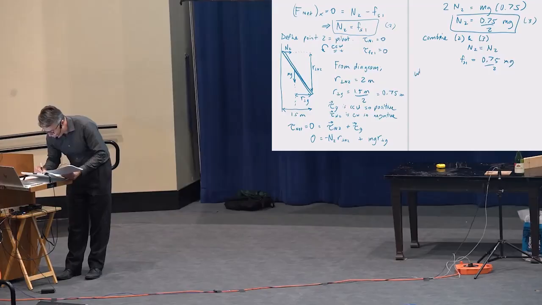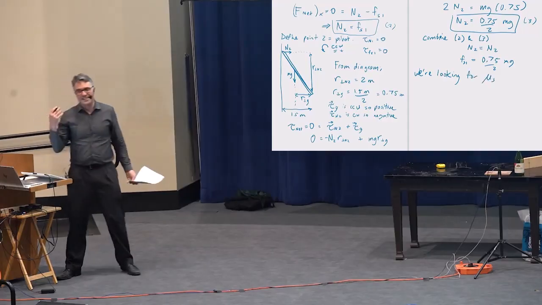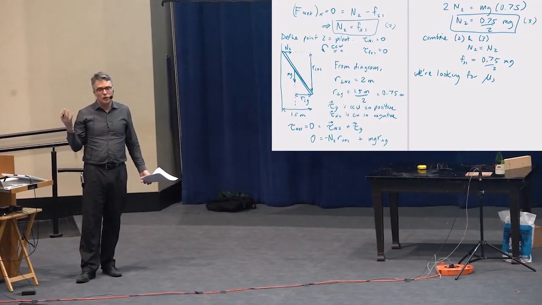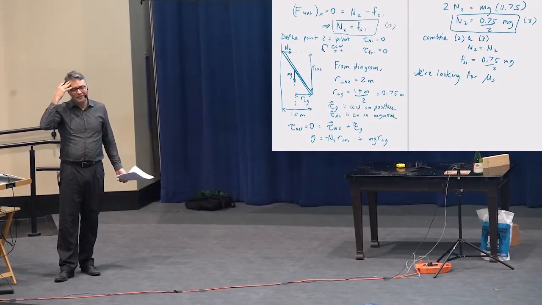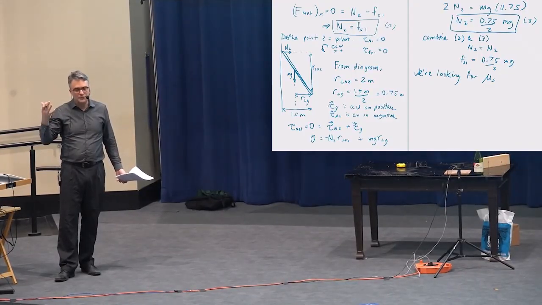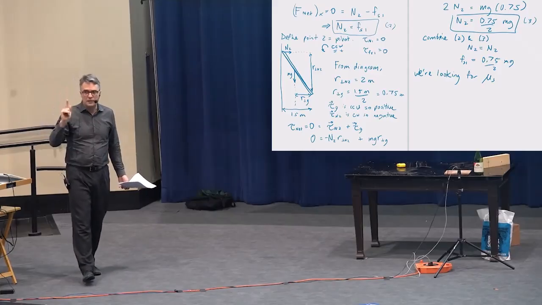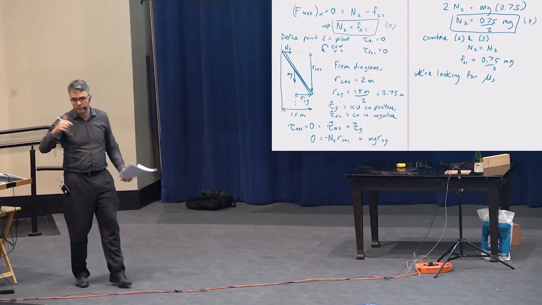And remember, we are looking for the coefficient of static friction, mu sub s, and it says something about minimum coefficient of static friction. So to me, you're talking about static friction, you're asked for the coefficient of static friction, it means your object is just about to slip.